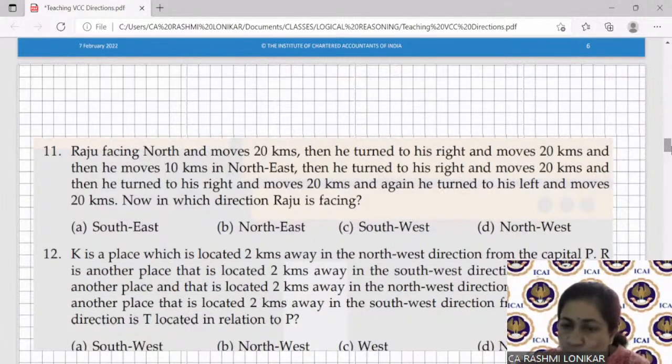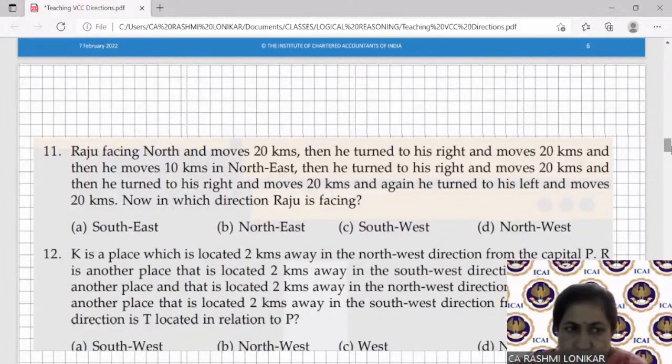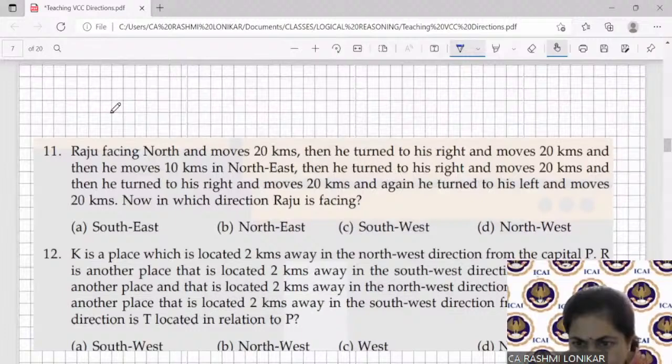Raju facing north and moves 20 kilometers. Raju is here. He is facing north.